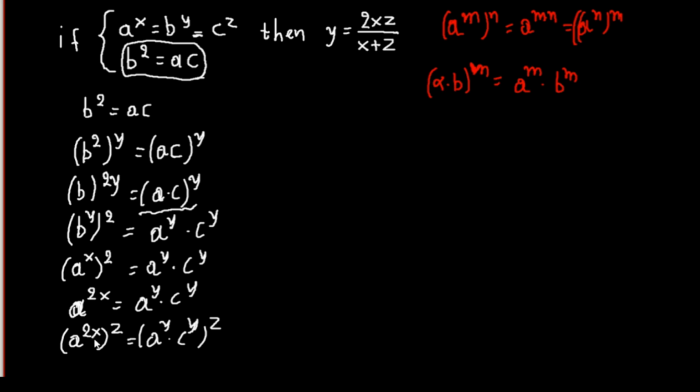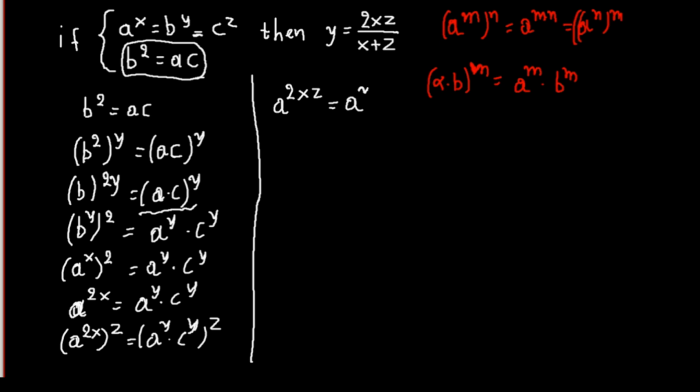With the same properties of powers, we can write that a raised to the power of 2xz equals a raised to the power of y and all of this to the power of z times c raised to the power of y and all of this to the power of z.